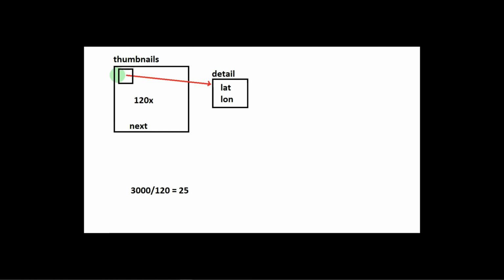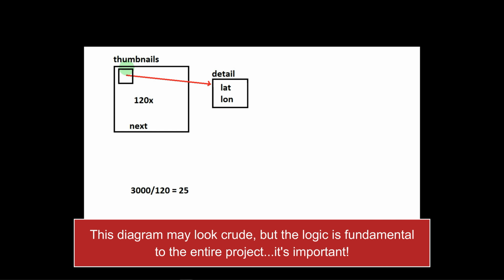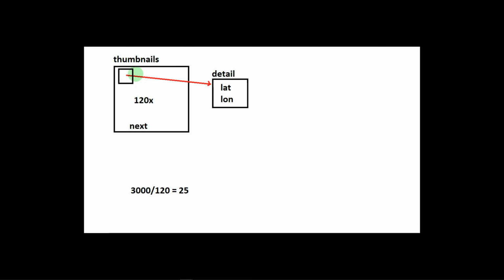For each one of those thumbnails, we will be collecting, as you've seen already, the date, the price, the description, the link, but we can't extract the geodata from that thumbnail or that listing, the result info.